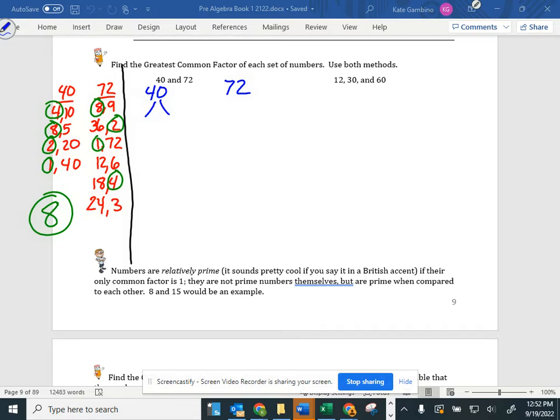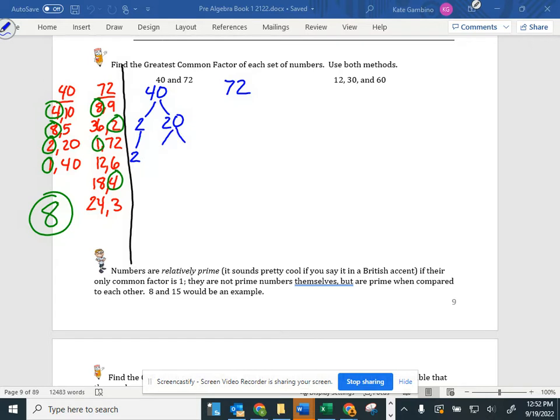We don't want to do 1 and 40 because we already have 40 up there. 2 and 20. I like to go to the 2 if I can, because that's just easy for my brain. So 2 times 20 is 40. 2 is a prime. I can't break it down anymore, so it stays as just a 2.